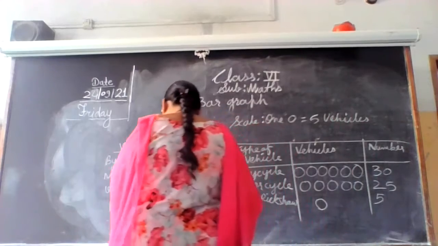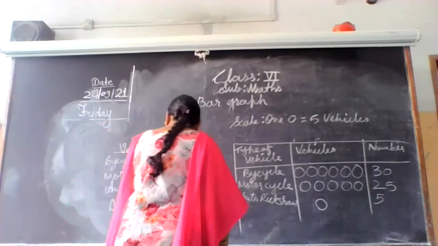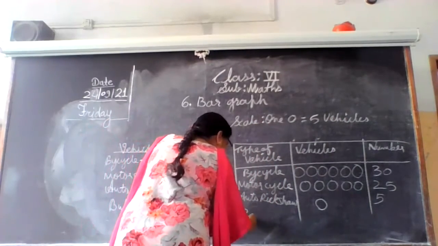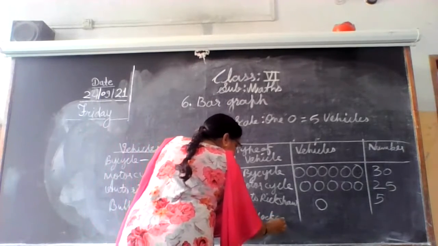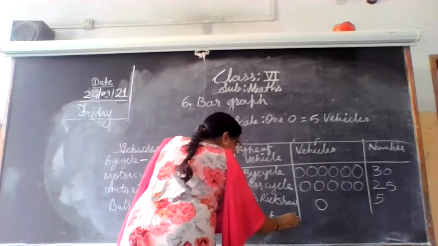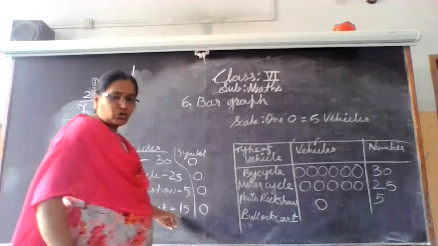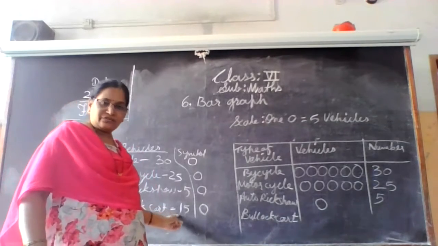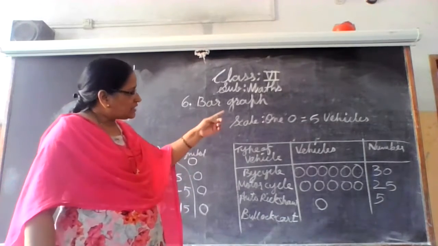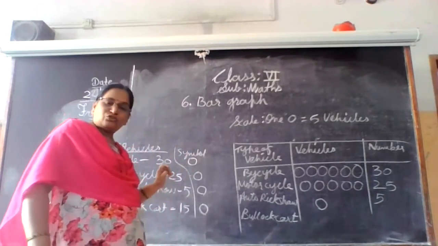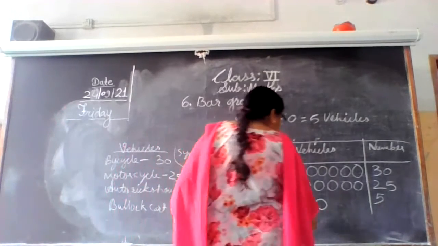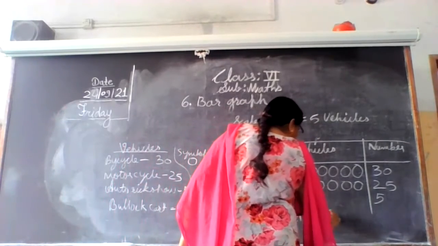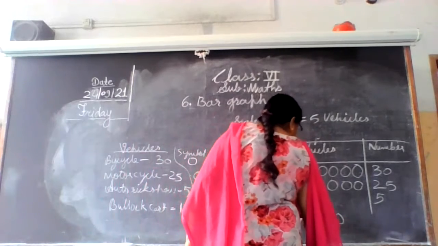Bullock cart. Total number of bullock carts is 15. One circle represents 5. So 15 divided by 5 makes 3. So for bullock cart, you have to draw 3 circles.